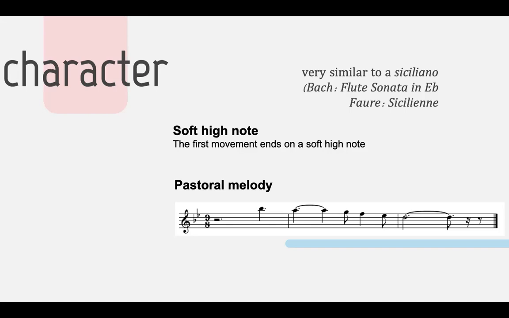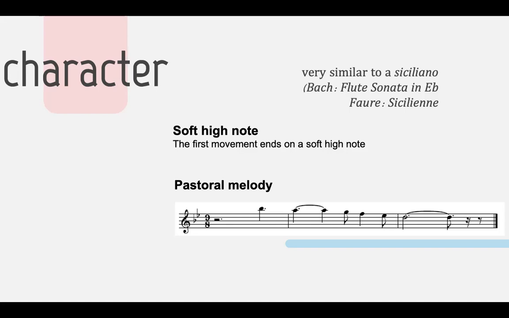We know some famous Siciliano movements that are also in G minor, such as the Bach Flute Sonata in E flat and the French composer Fauré's Siciliano. Both of these pieces are really melancholic and give me the impression of night breeze and running water.